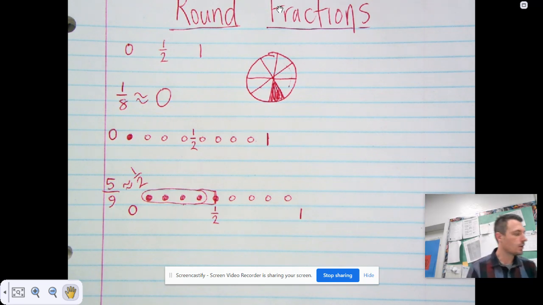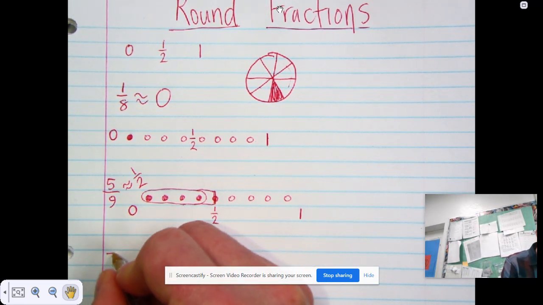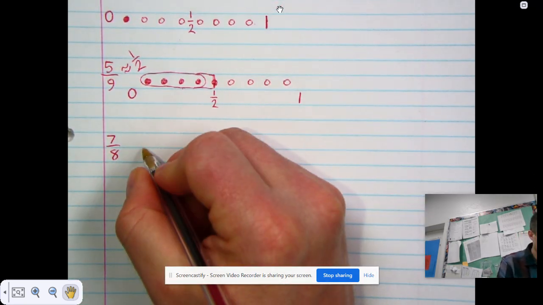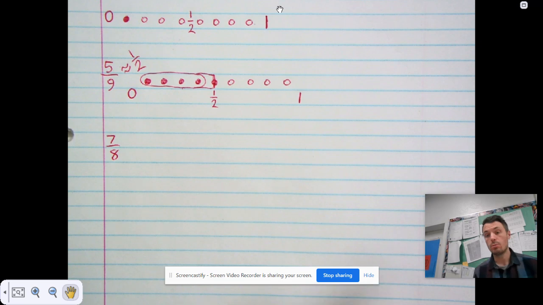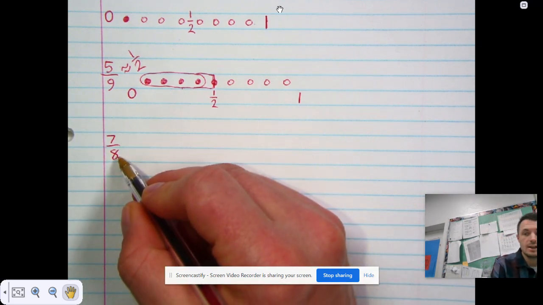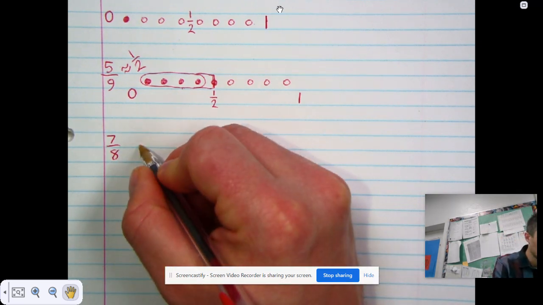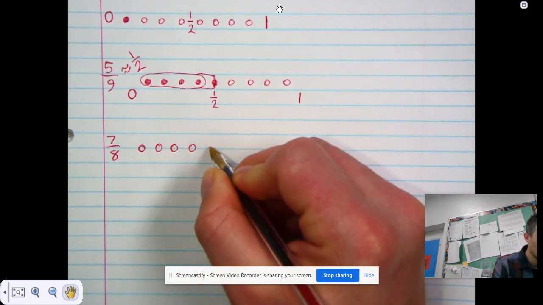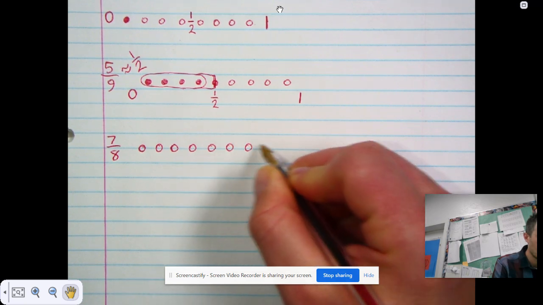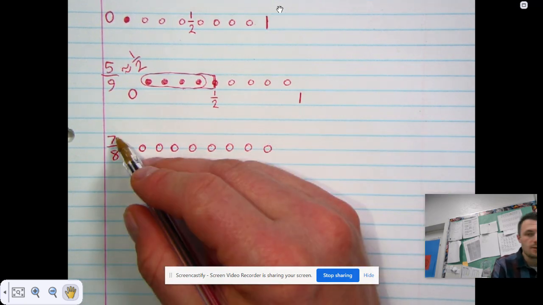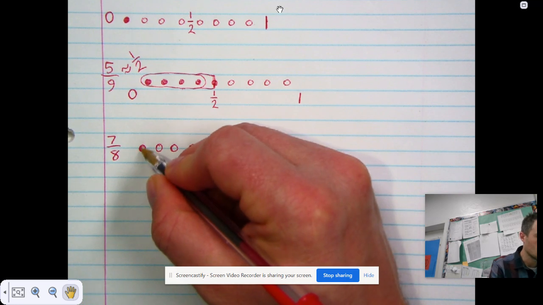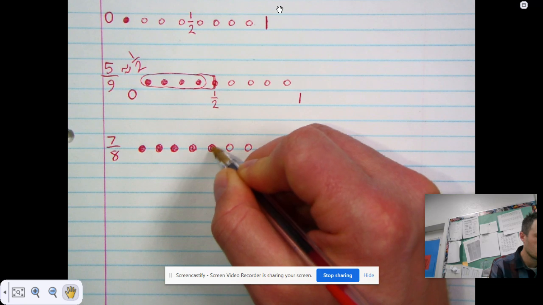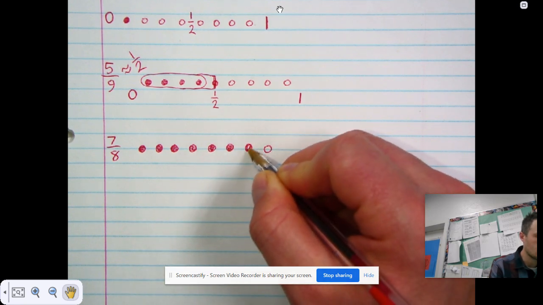Okay, let's do another example together. Let's do 7/8. Now let's do the circles, or we could say these are marbles maybe. 8 is our denominator, so we do 8 total marbles. 1, 2, 3, 4, 5, 6, 7, 8. 7 of them we will color in because the numerator is 7. 1, 2, 3, 4, 5, 6, 7.